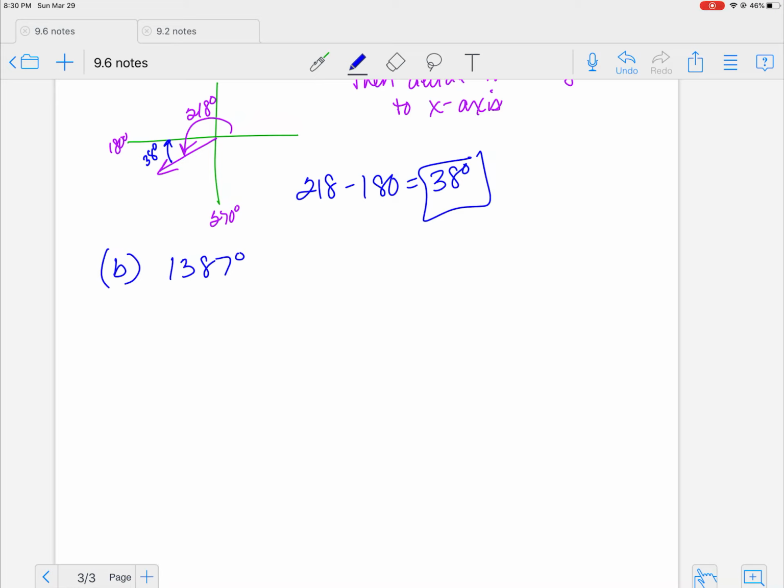All right, here, try another one. What if I have 1,387 degrees? Now that's way outside of even 360, right? So what do we have to do? How do we bring that back into 360? What's that called? Oh, coterminal, baby!